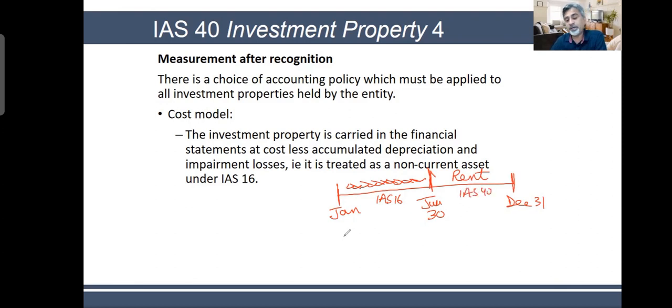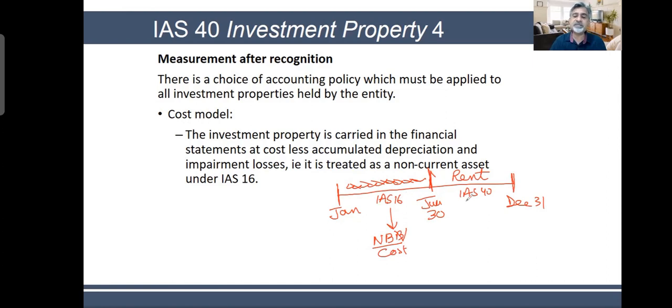So what you need to do, and you remember that whenever you make a change in the classification of an asset, you must revalue it, because under IAS 16, it might be on the book value. It is possible that I was treating it at net book value, which means the cost model.